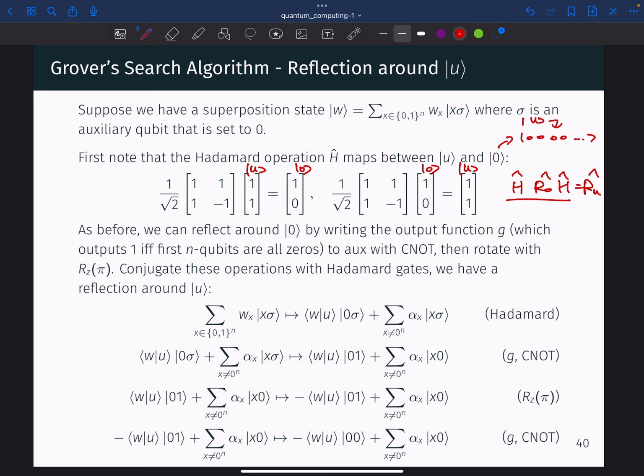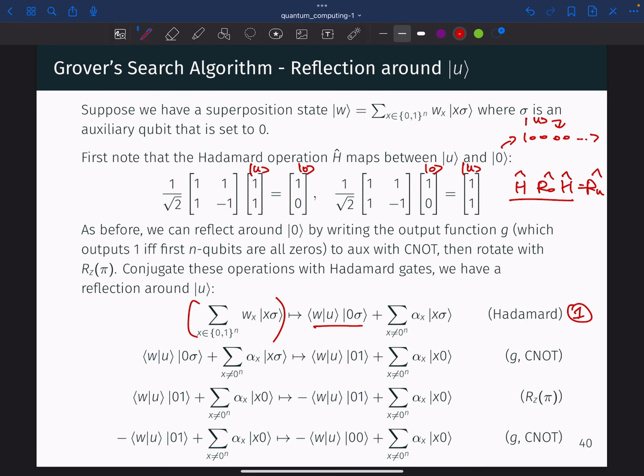Alright, so let's first do the Hadamard operation. This is the first step. We'll do the Hadamard operation on our input state. After doing Hadamard, we will have the all 0 state and all the other states.